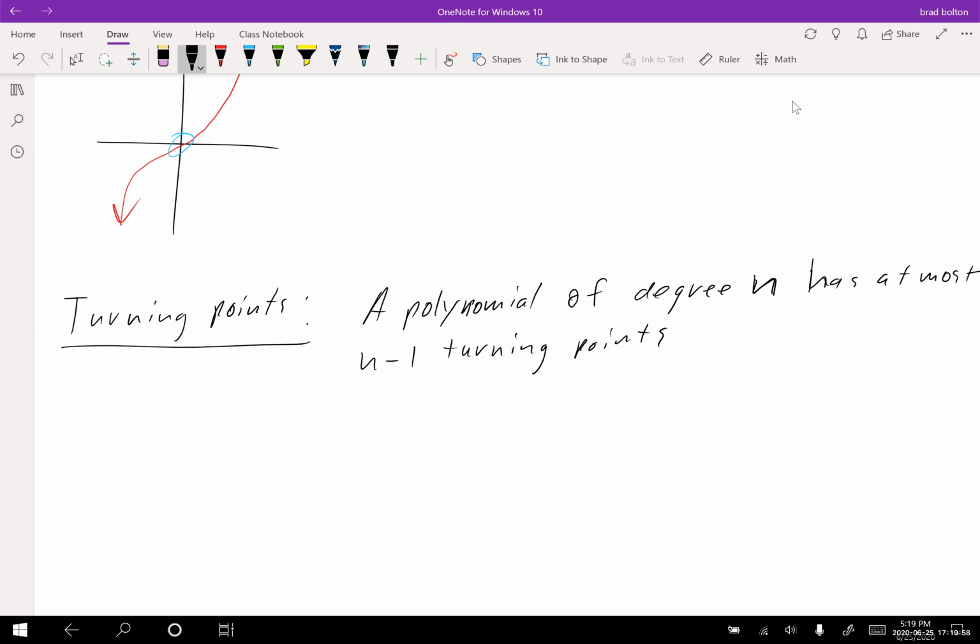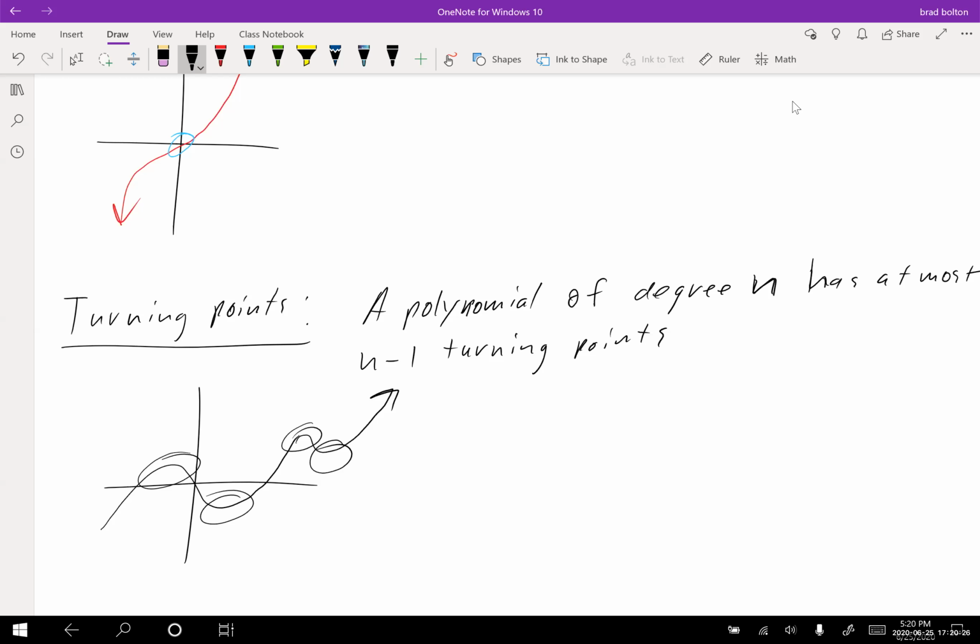So if you have a fourth degree polynomial, meaning like x to the fourth plus x cubed, the most that it can turn, something like this, here's 1 turning point, here's 2, here's 3, here's 4. So that means that this could not be a fourth degree polynomial. This would have to be a fifth degree polynomial or larger, because you always have to have 1 less turning point than you have degrees.